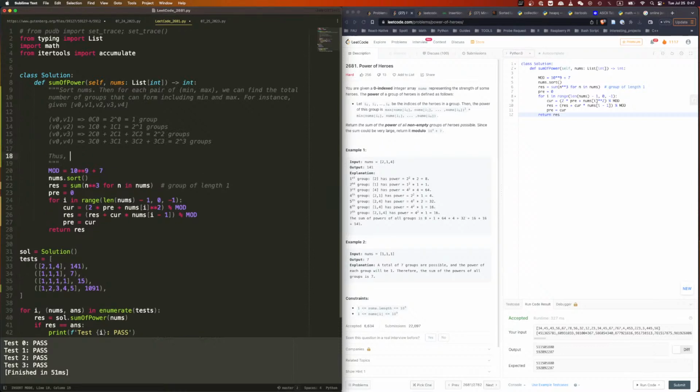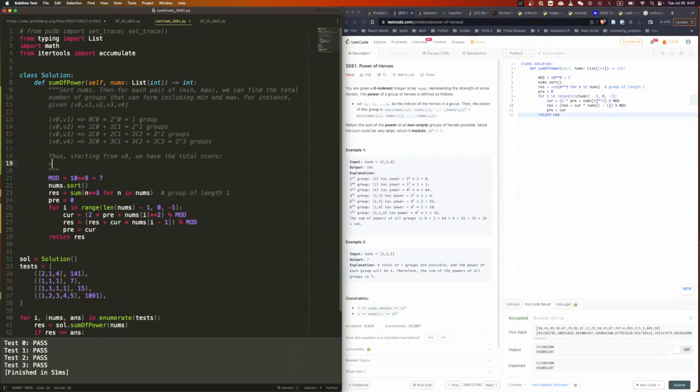Thus, starting from V0, we have the total score V0 times V1 squared. Wait, hold on, I need to pull this out.